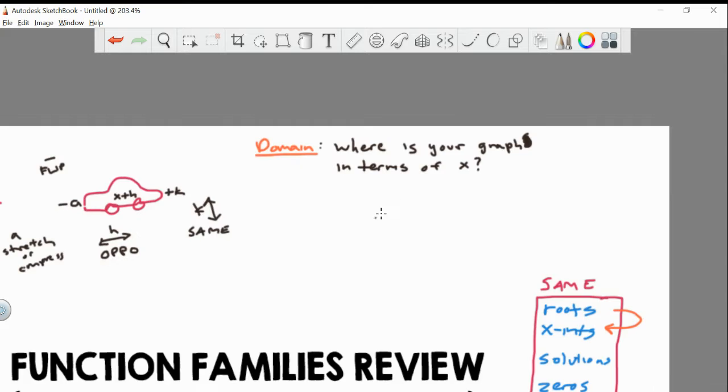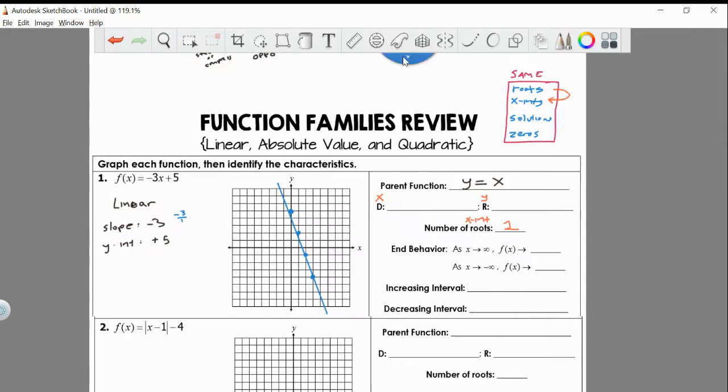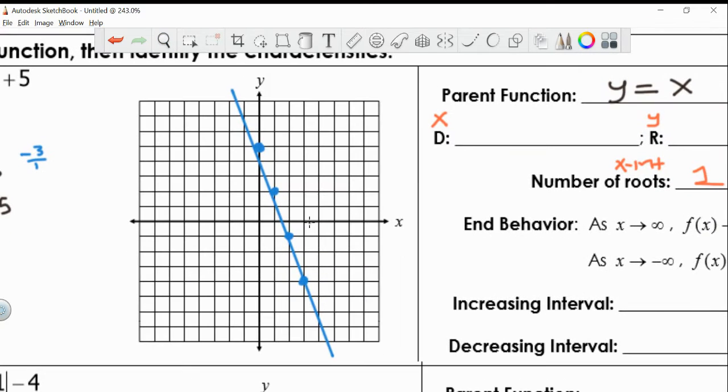And so here's the easiest way in my mind to think about domain. Okay. Pick an x value. Let's pick this x value right here. Okay. Is my graph anywhere at this x value? Yes, right? My graph's right here. And so my domain, well, 3, right?